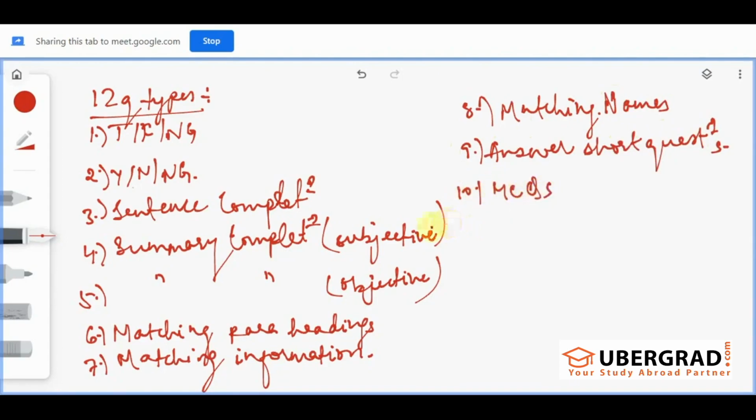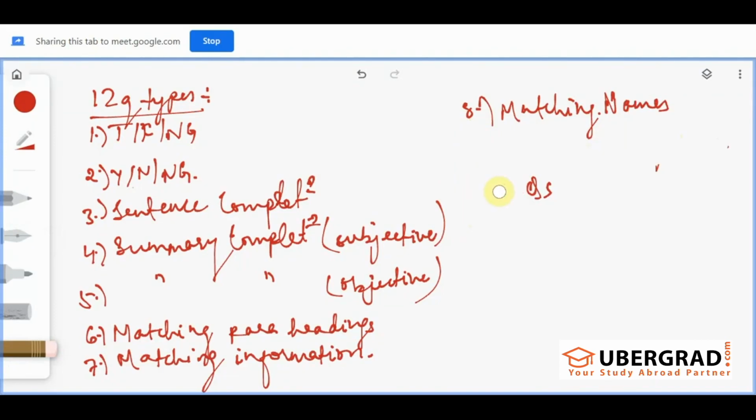MCQs. And okay, just a minute. This is after matching names. We'll discuss one more question type, which is matching sentence endings.